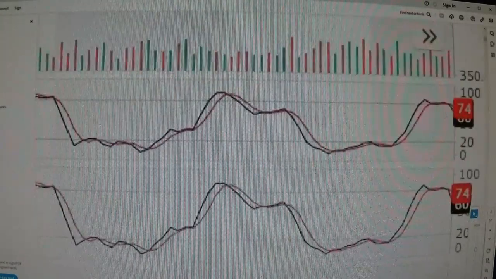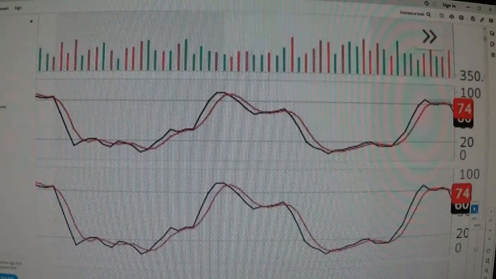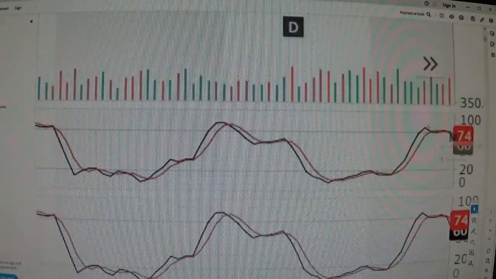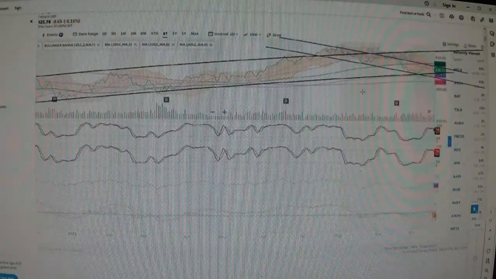When it's oversold, that's a good indication it's time to buy. When it's overbought, all the buyers have exhausted themselves and prices are going to start going down. You can see, based on this, that we're overbought and we're starting to go down. So that's a good way to time putting money into the market.